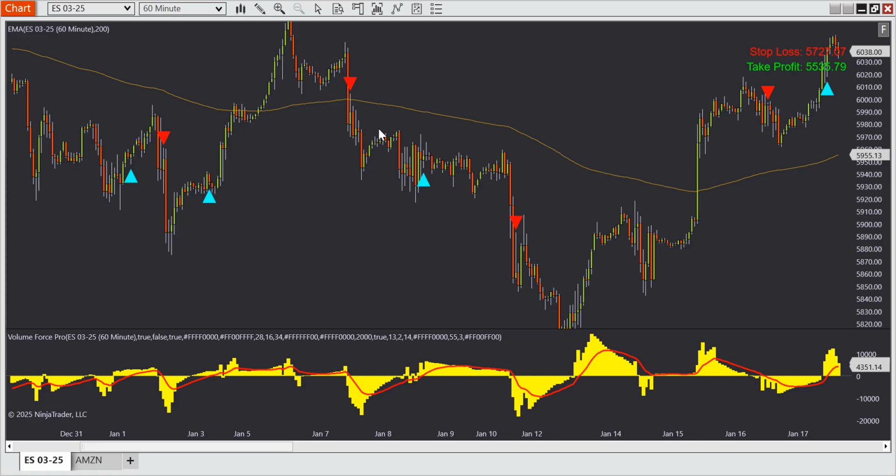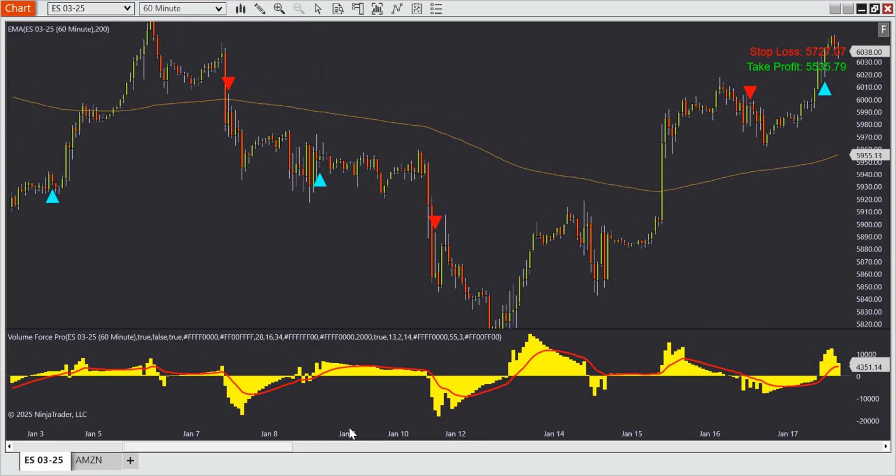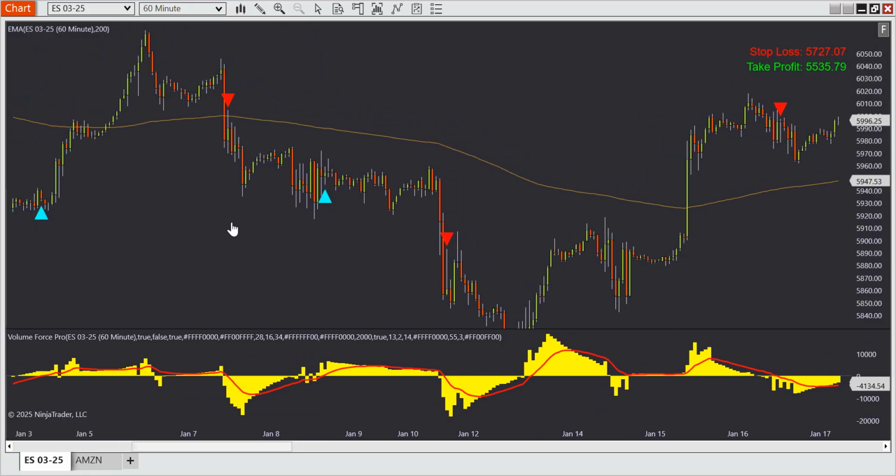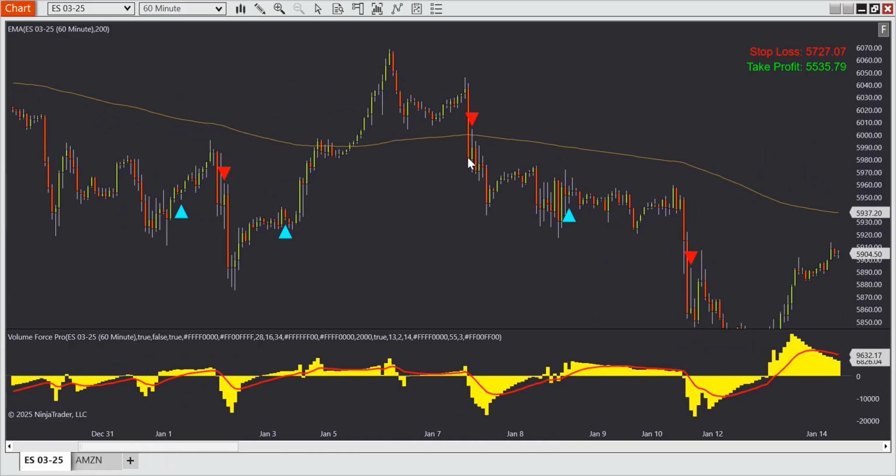And of course, in this example, price closes. Let me zoom in a little bit. Price closes here below the 200 EMA, giving us some bias before the sell signal paints, that we could start to see some downward price movement.